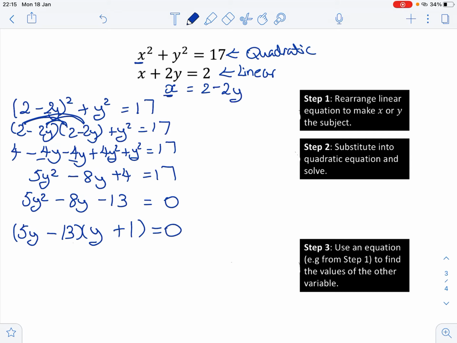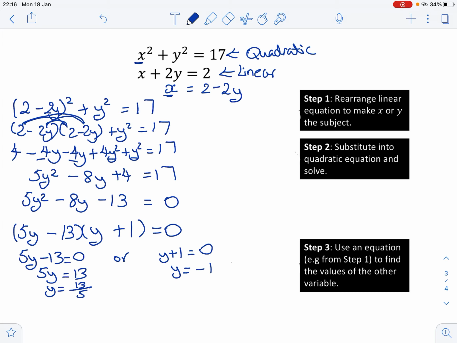So I have factorized it. Then we need to solve to find y. Remember, to solve our quadratic equations, we set each bracket equal to 0. So I have 5y equals 13. So y could either be 13 over 5, or y equals minus 1.